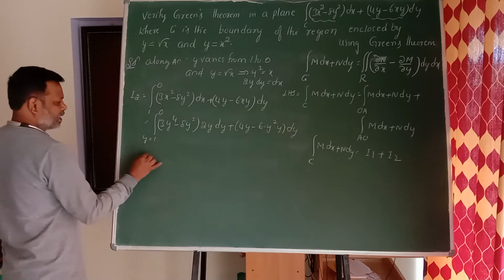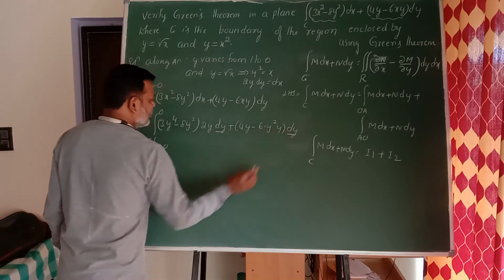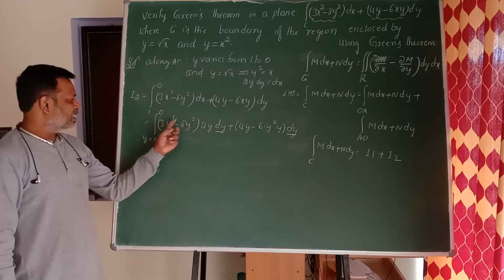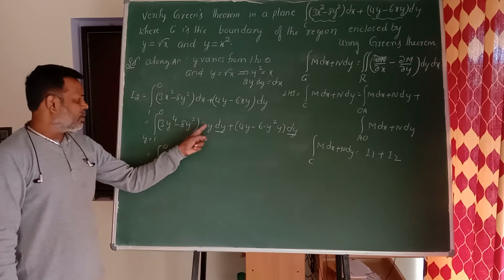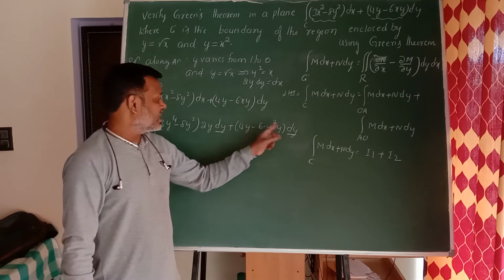Now from 1 to 0, we can take dy common and multiply: 3y⁴ into 2y is 6y⁵, minus 8 into 2 is 16y³, plus 4y minus 6y³.